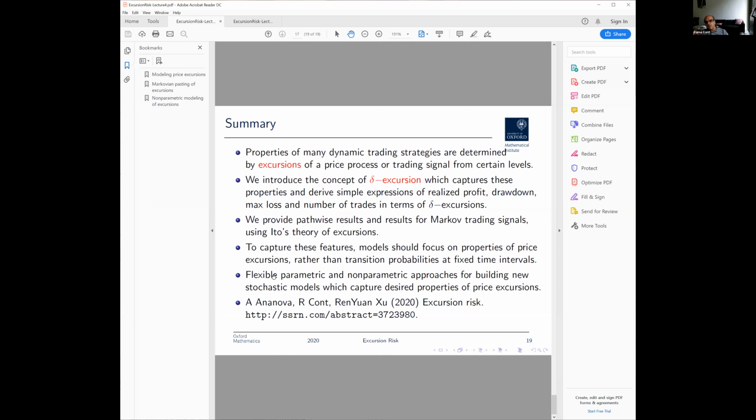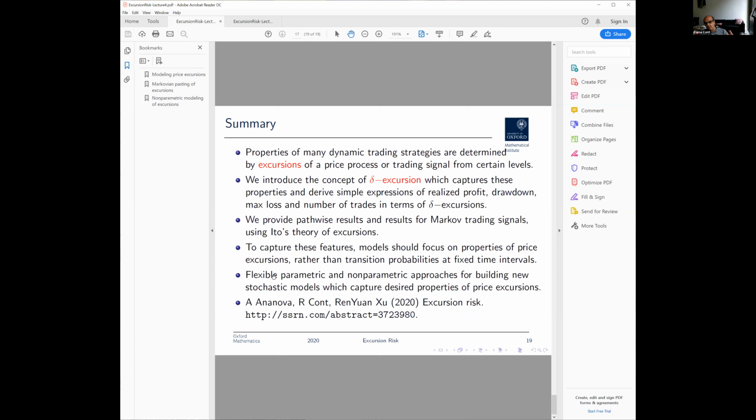We introduced the concept of delta excursions, which captures exactly the properties of the path that contribute to the realized profit, drawdown, risk, maximum loss, and number of trades of these strategies. So we showed that if you know everything about the delta excursions of the signal, then you know everything about the strategy. And then how do we learn about the delta excursions of the signal?